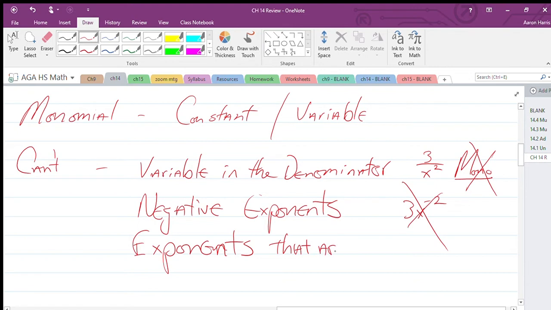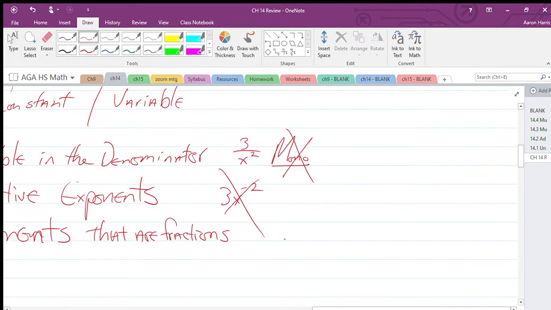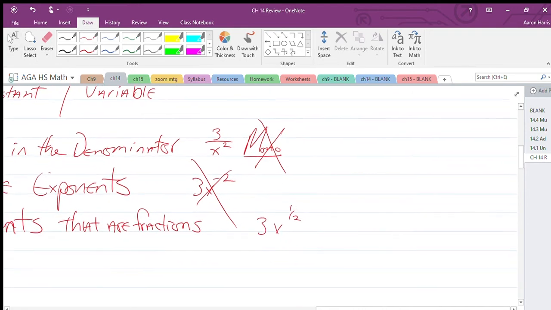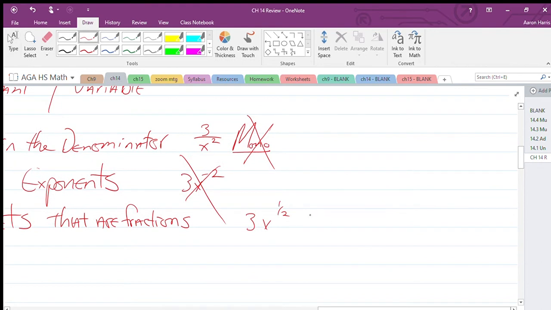Okay, so if I had 3x to the 1/2, okay? Because here's the thing, let me just explain the reason why. That really means square root. So this is 3 times the square root of x. So no square roots or no powers to a fraction, okay?